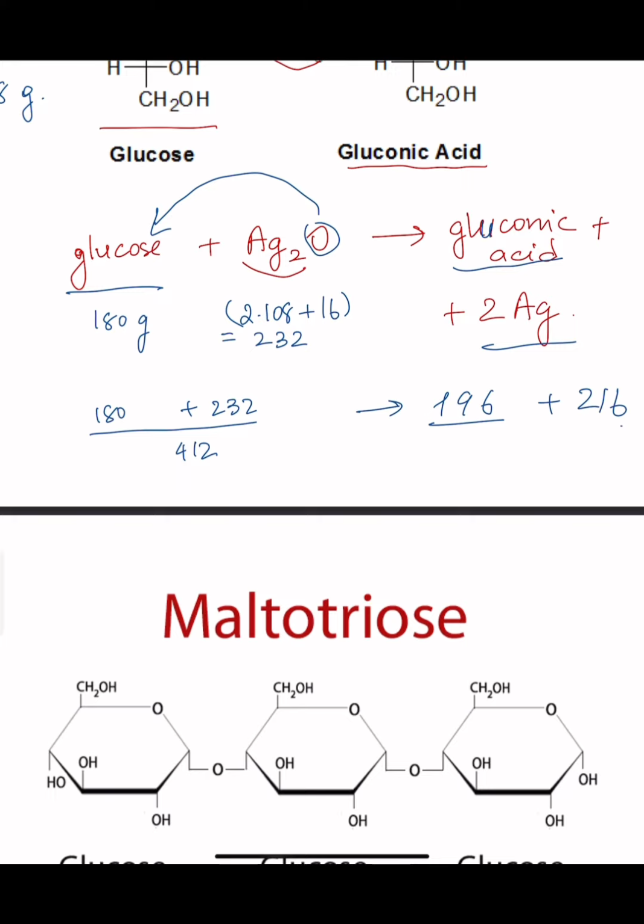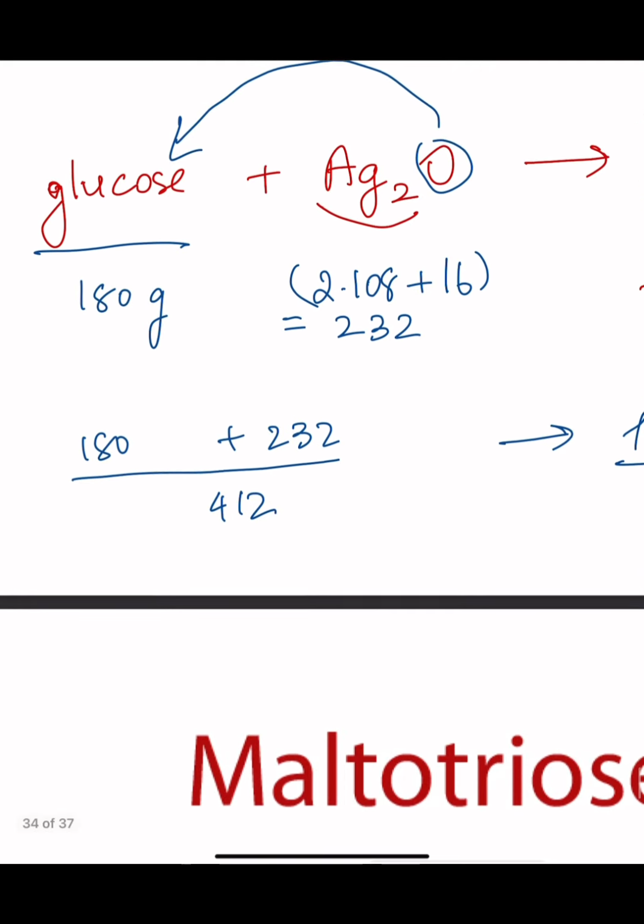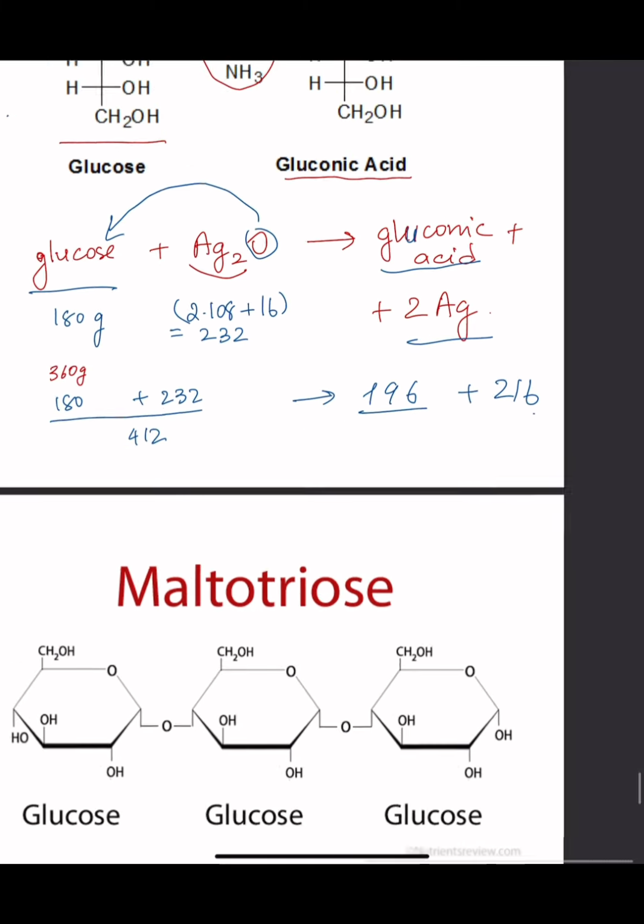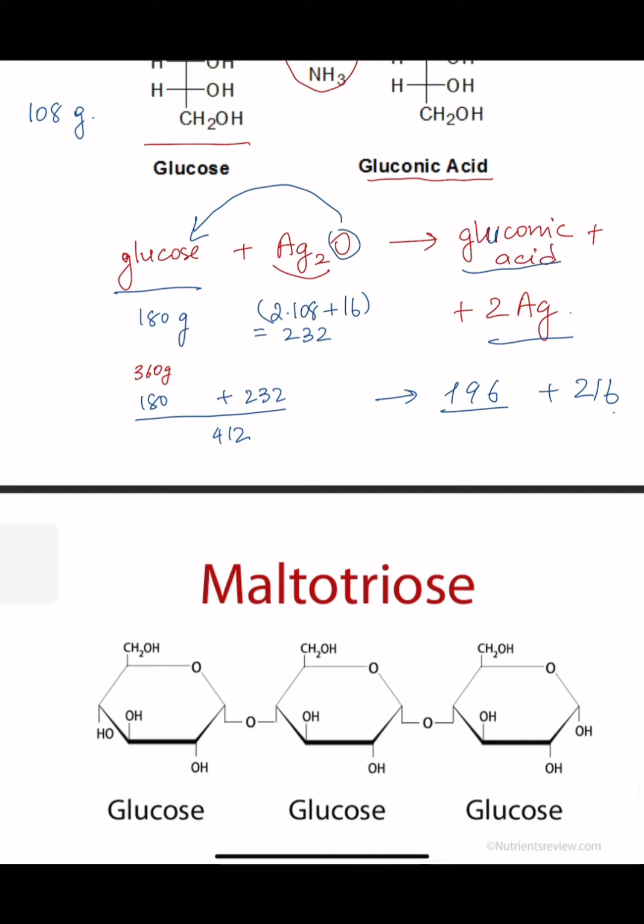Okay, so I'm just gonna write it nicely here. So let's say if I tell you that what if I used 360 grams of glucose, how many grams of silver would I make? Okay, so you would just do a proportion. You see that?